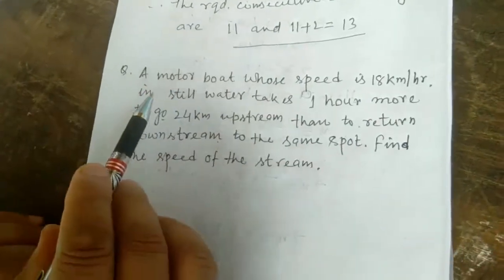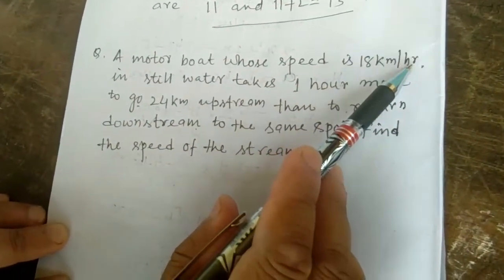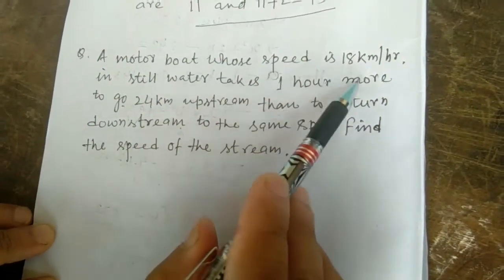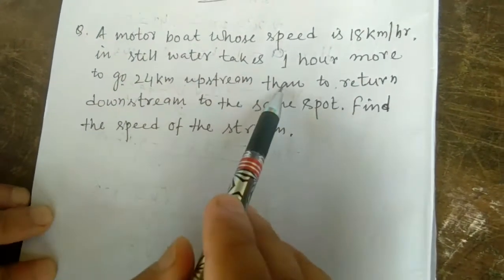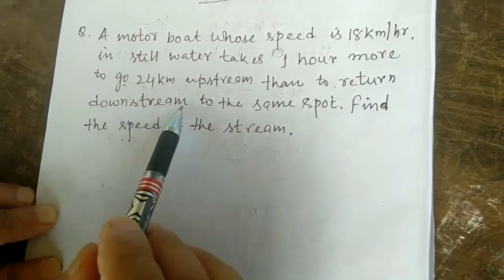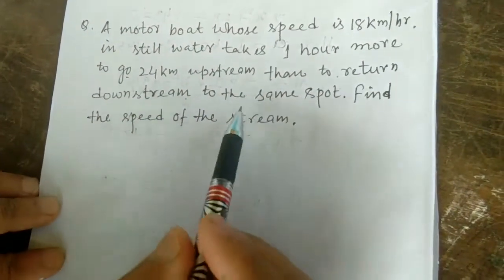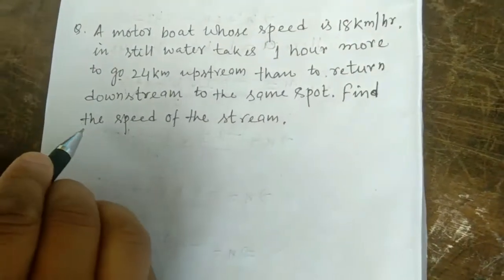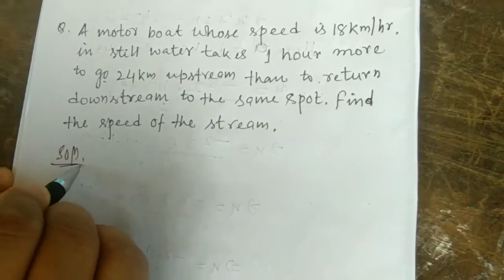Next question: a motorboat whose speed is 18 km per hour in still water takes 1 hour more to go 24 km upstream than to return downstream to the same spot. Find the speed of the stream. We don't know the speed of the stream, so let me solve this problem.